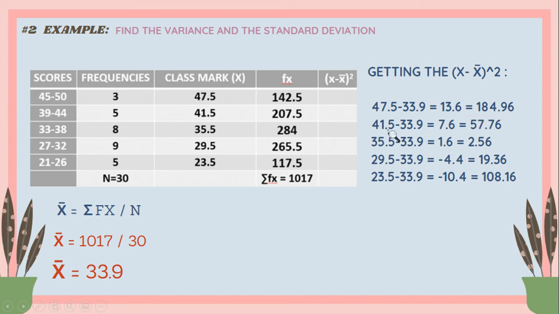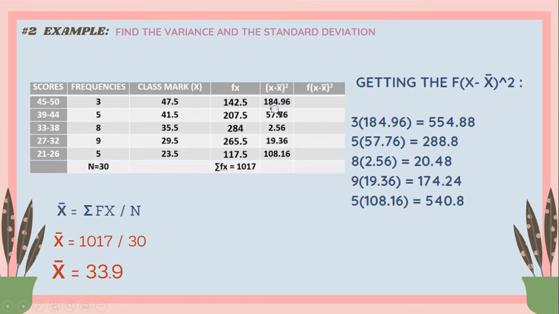And then 41.5 minus 33.9 is equal to 7.6, then squared, so it will be 57.76. And then 35.5 minus 33.9 is equal to 1.6, then squared, so it will be 2.56, and so on.